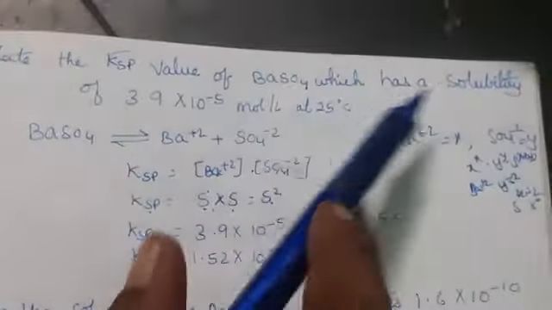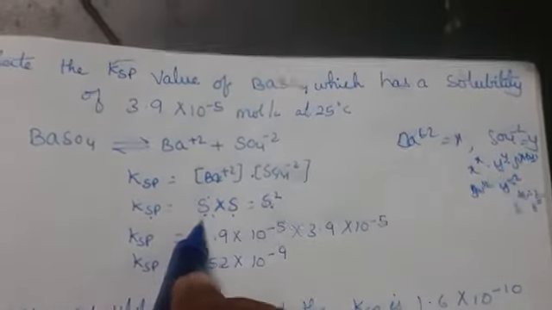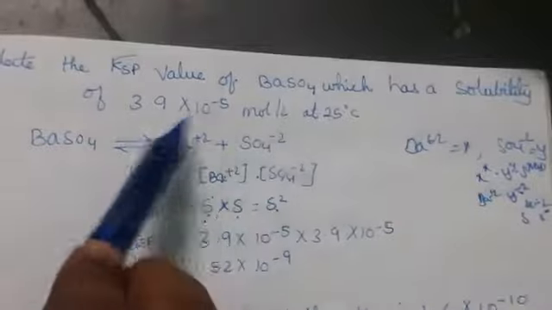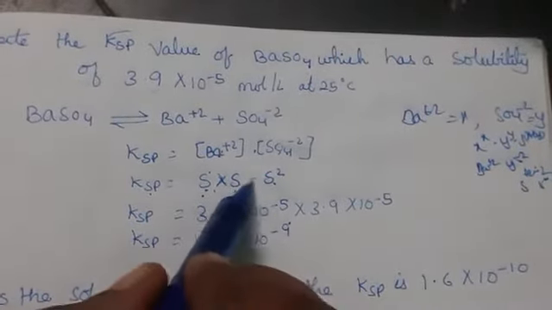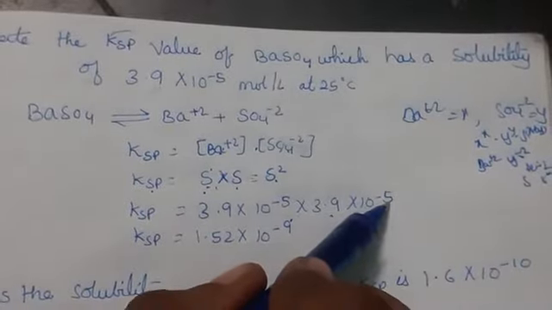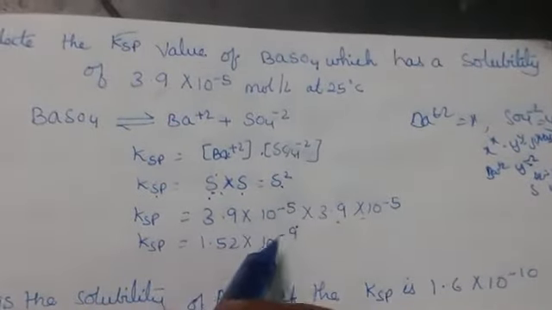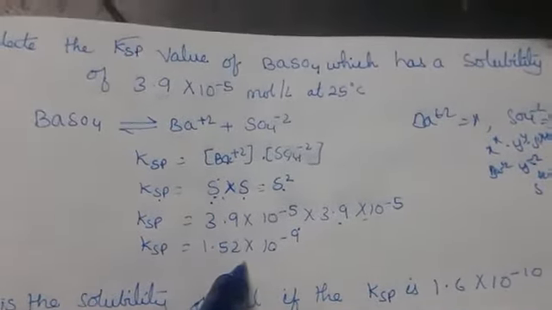So what is the solubility value? Here S is nothing but solubility. They have given the solubility as 3.9 into 10 power minus 5. So after calculating this, we are going to get the value 1.52 into 10 power minus 9.